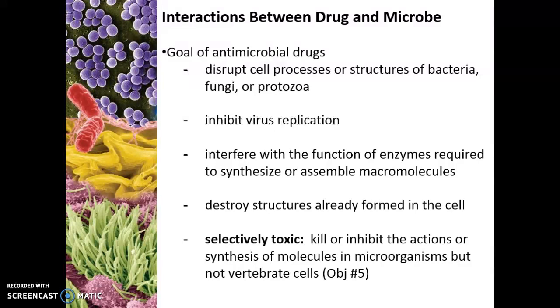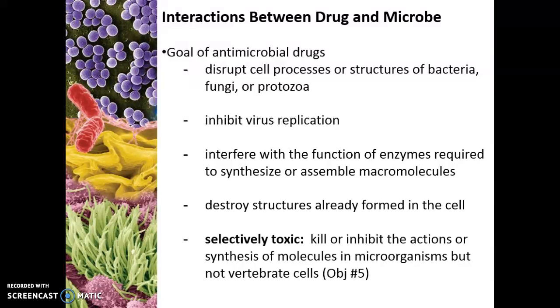And then you also want selective toxicity, and this is objective 5. You want to be able to kill or inhibit the actions or synthesis of molecules in the microorganism, but not the host cell. With bacteria, that's pretty easy because bacteria are prokaryotic cells, whereas we as humans are eukaryotic, and there are a lot of differences between those two cell types.